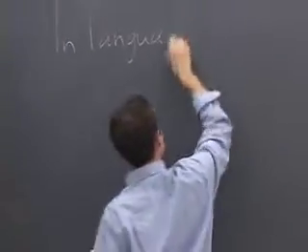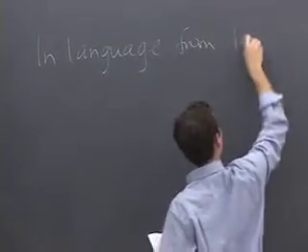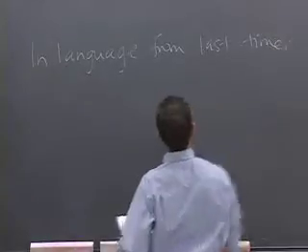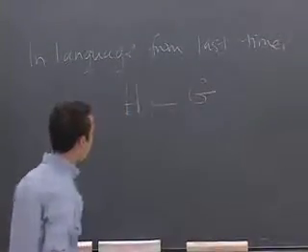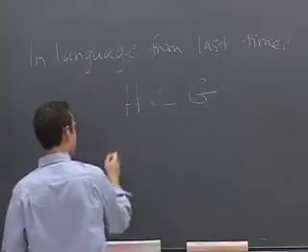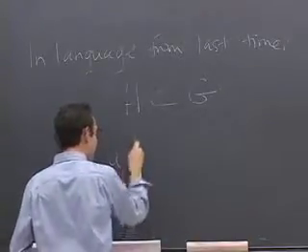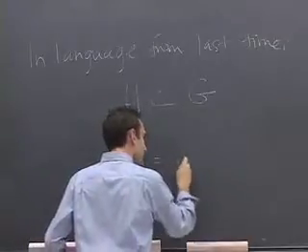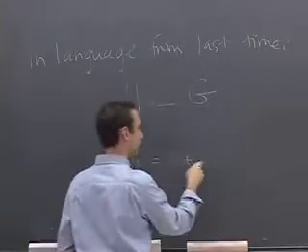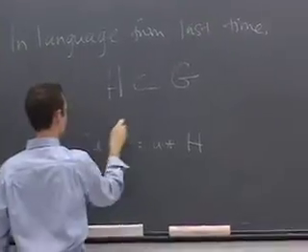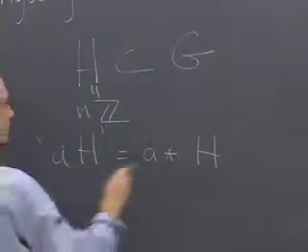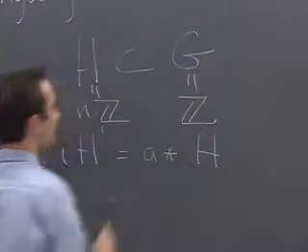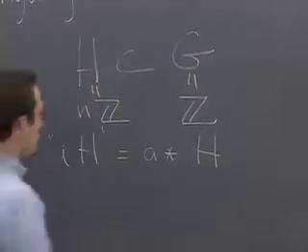So, in the language from last time, where we had some subgroup H of some group, we had these things that looked like aH, or perhaps better written, a operation H. But we're working with nZ, the subgroup of Z, where the group operation is denoted plus.